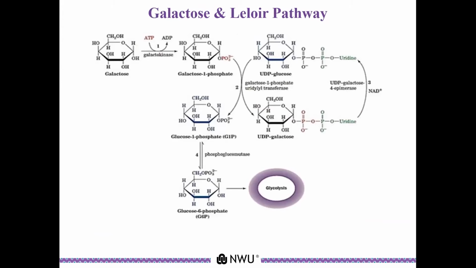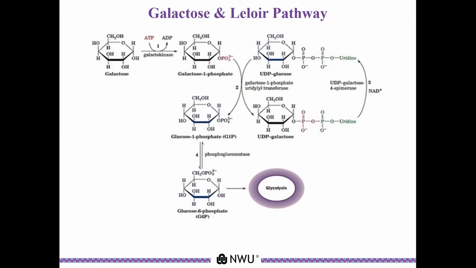If you have a shortage of galactokinase, you experience galactosemia type 2. If you have a shortage of galactose 1-phosphate uridyltransferase, you have classic galactosemia. And if you have a malfunction in UDP-galactose 4-epimerase, you experience galactosemia type 3.